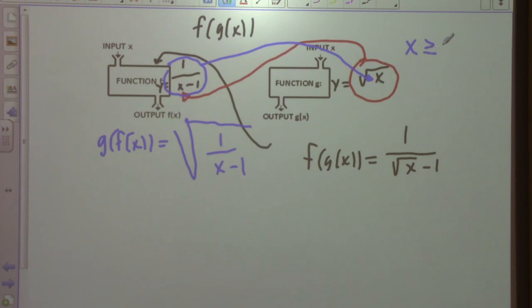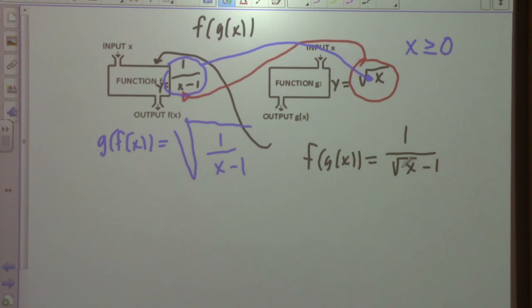Greater than or equal to 0. So that's going to be our restriction, and this restriction we put in over here. That restriction is still valid for this thing here, because we took this over here.